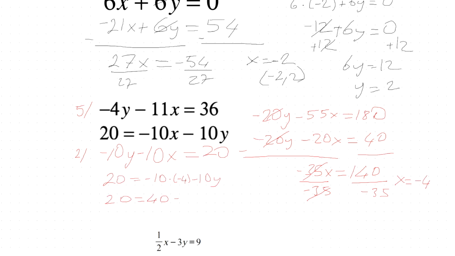I will just take away 40 from here. Negative 20 is equal to negative 10y. Divide both sides by negative 10. We get y, and y will be 2. So our answer is negative 4 and 2 for this example.